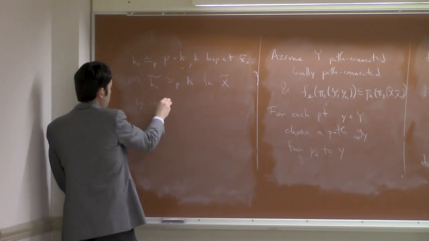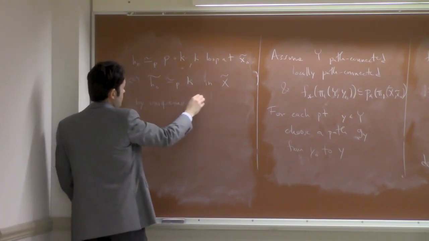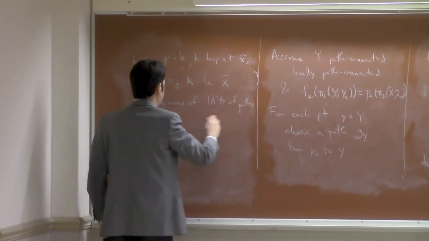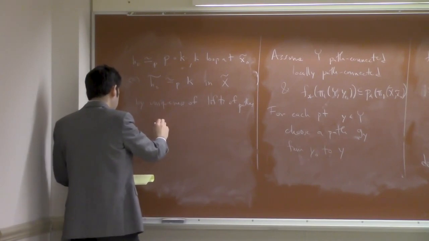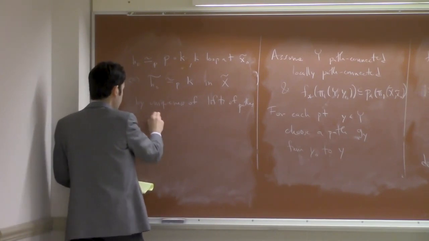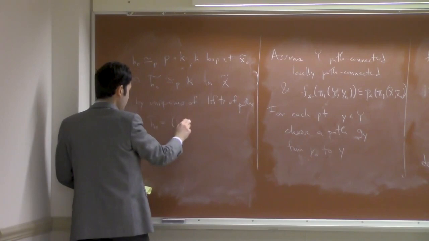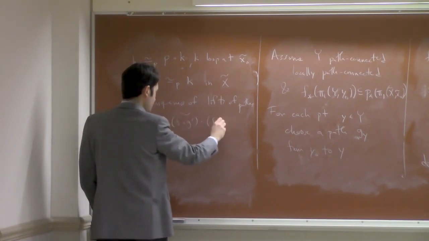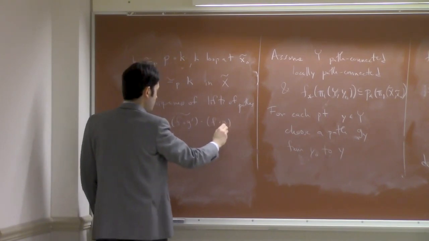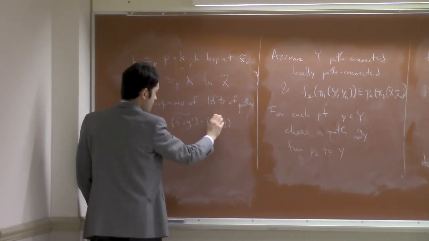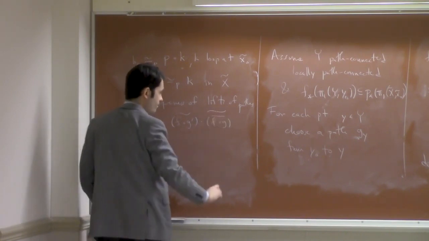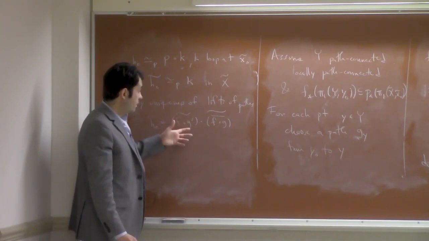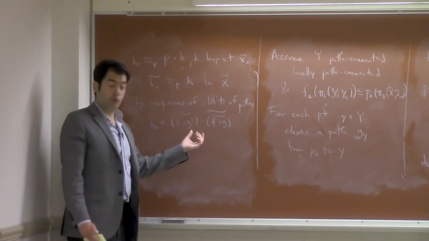Now, by uniqueness of lifts of paths, the lift is the same as lifting this and then lifting this. Right? So as paths, there's only one way of lifting it, and so you get this.